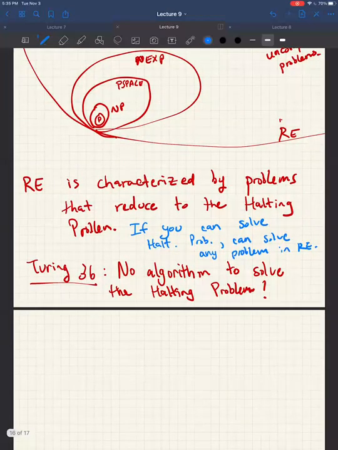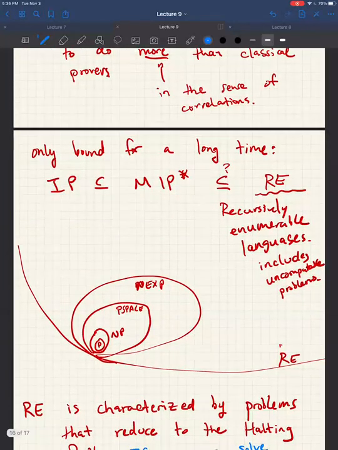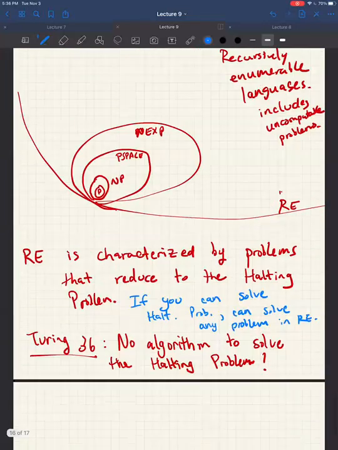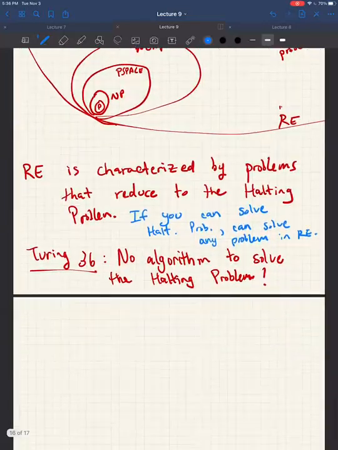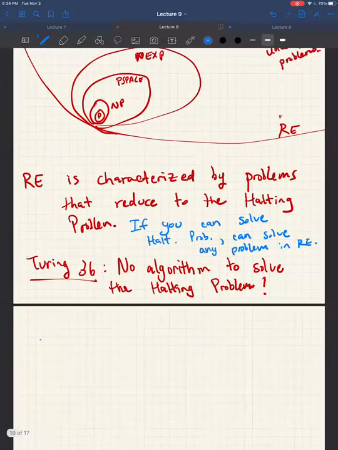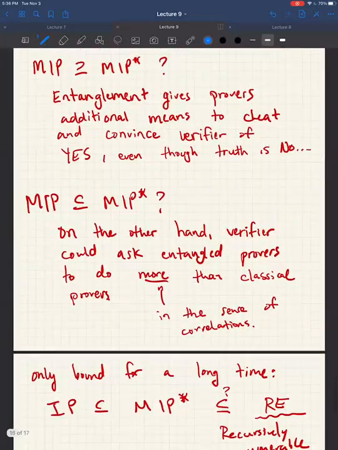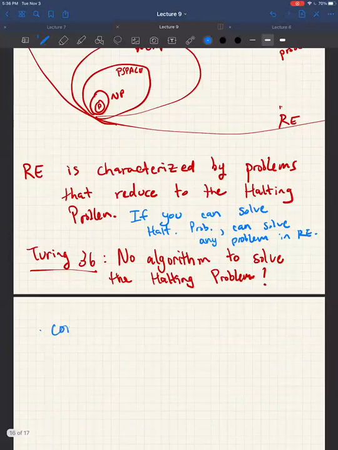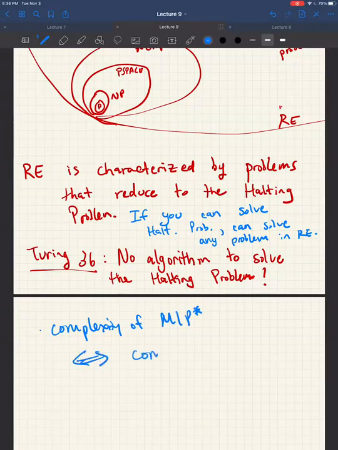Okay, so where were we? We talked about the halting problem. So, anyways, this question of what is the complexity of MIP*? It's very mysterious, and the point is that since MIP* looks very similar to a non-local game, it shouldn't be surprising that the complexity of MIP* is intimately connected to the complexity of non-local games.